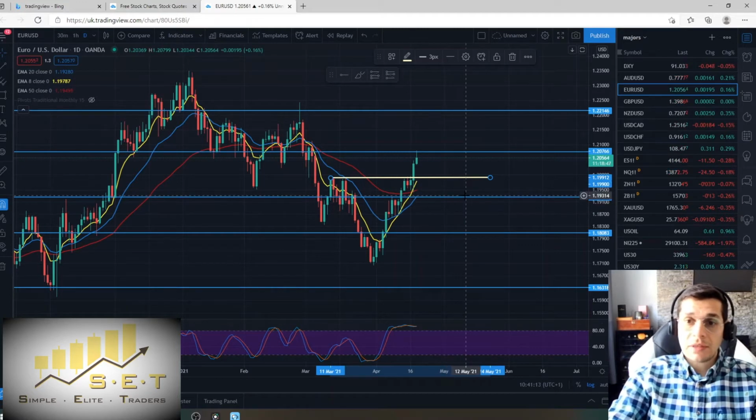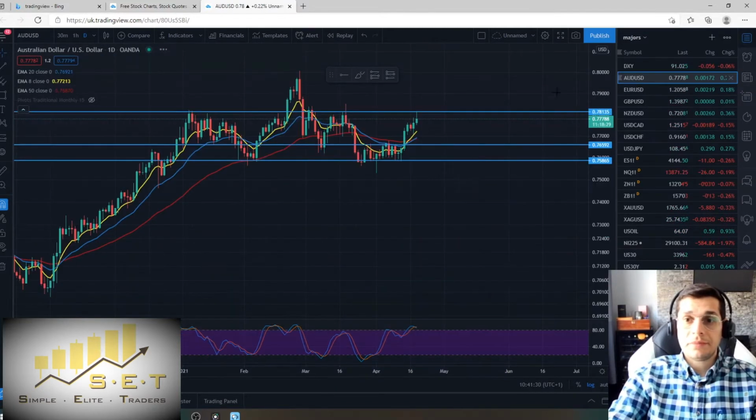Also, we can expect the price to come back to this level as well, 1.1926. The other major currencies as well are struggling to break through the level.